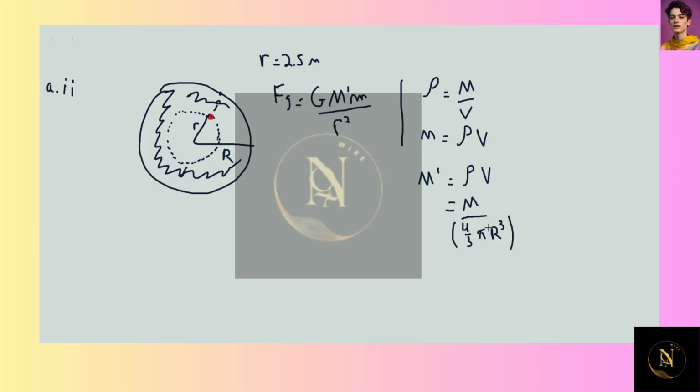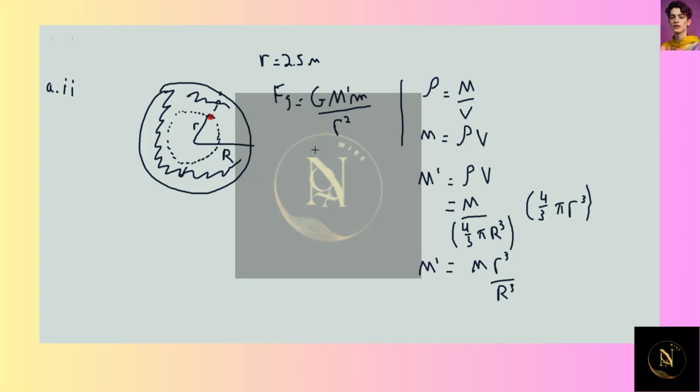And then times the volume that we're only considering, which will be 4/3 pi little r cubed. So the 4/3 pi cancel out, and we're left with just M little r cubed over big R cubed. So that's our M prime.